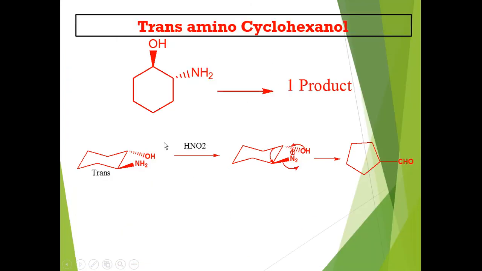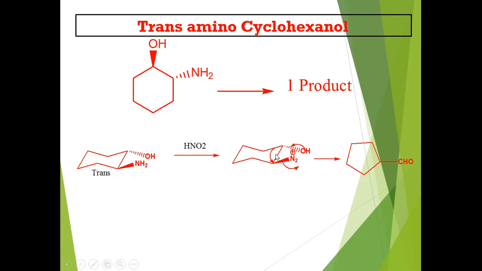What is the reason? In the trans isomer, the first step is again diazotization, formation of the diazonium cation, and here for the amine, only this bond is anti to the leaving group, therefore this bond is migrated, with formation of cyclopentane carboxaldehyde, and only one product, because the hydrogen is not anti with respect to this N2 group.